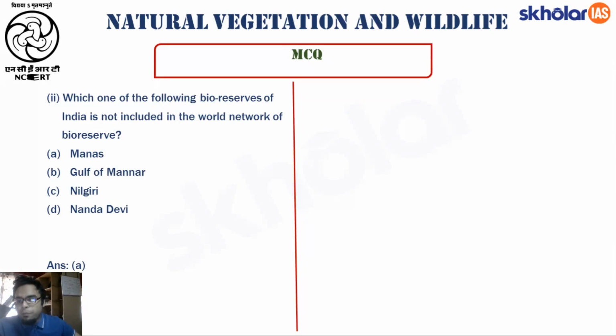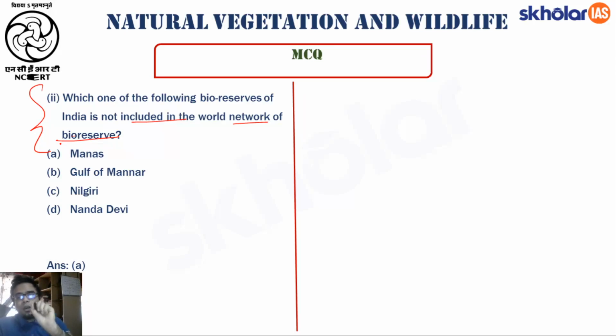And which of the following biosphere reserves is not included in the World Network of Biosphere Reserves? Now this question we have not discussed. This is in order to generate curiosity in your mind. If you really want to crack this examination, there are certain topics which you also have to go through yourself.